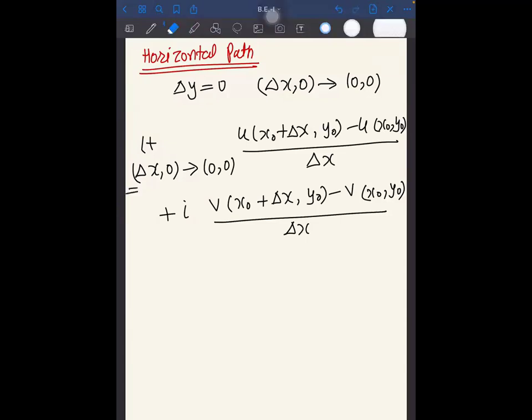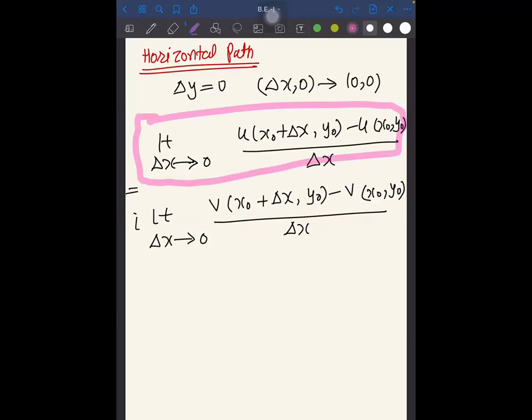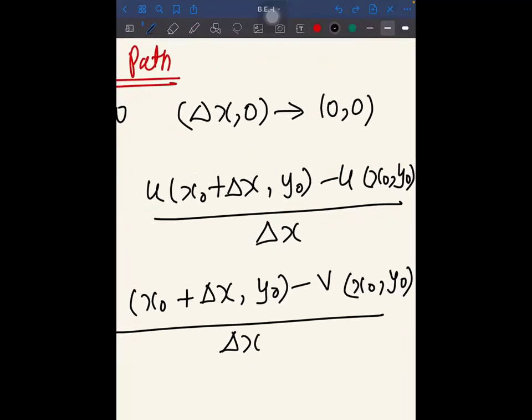So I am writing it as the limit as delta x goes to 0, because I took delta y to be 0. Why was I able to do this? Because from every path I will get the same answer if the limit exists, and selection of the horizontal path eliminates delta y and makes computation easy. Now can you tell me what this expression is? Can you relate this quantity to anything?